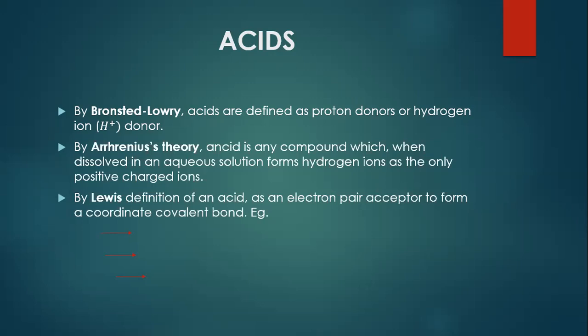Now, these are examples to show the reaction that is formed when an acid in an aqueous solution dissociates or ionizes to give out or donate these protons. Example number one, HCl.